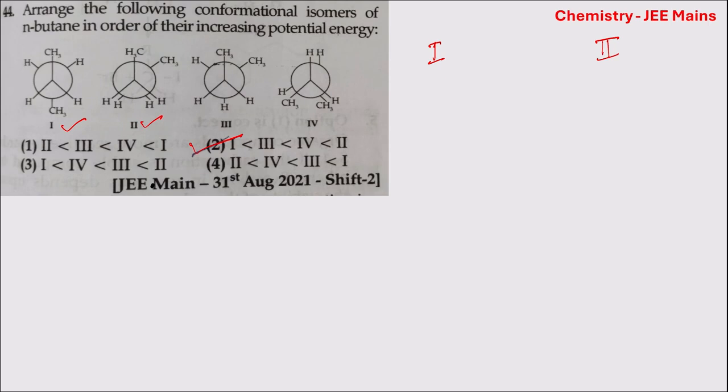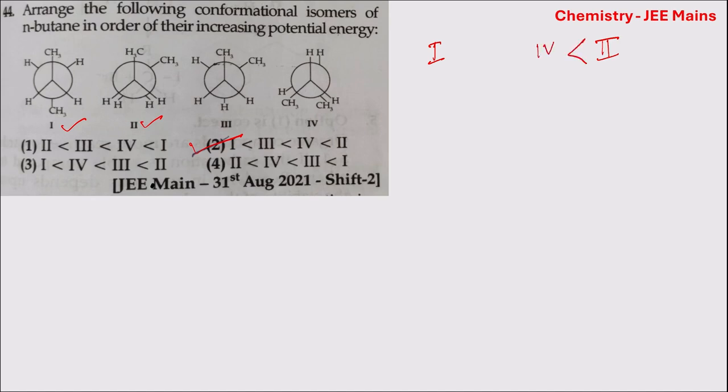Now out of structure 3 and structure 4, structure 4 is eclipsed and structure 3 is staggered. So structure 4 is eclipsed, but here hydrogen atoms, which are very small in size, are near to each other. So its potential energy is less than structure 2, which is also eclipsed.